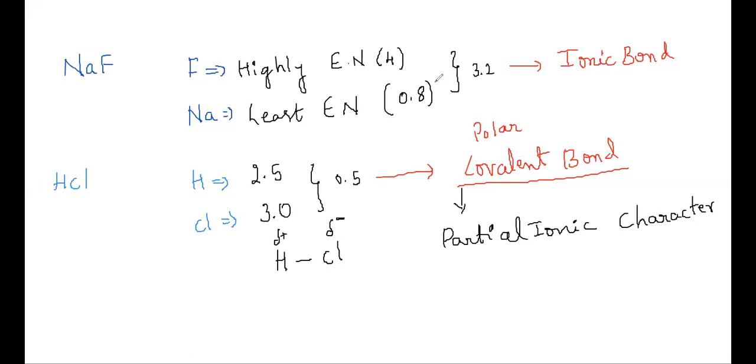So there is bond nature, bond type and bond character. I hope you are clear on how, based on the electronegativity difference, we predict the type of bonds.